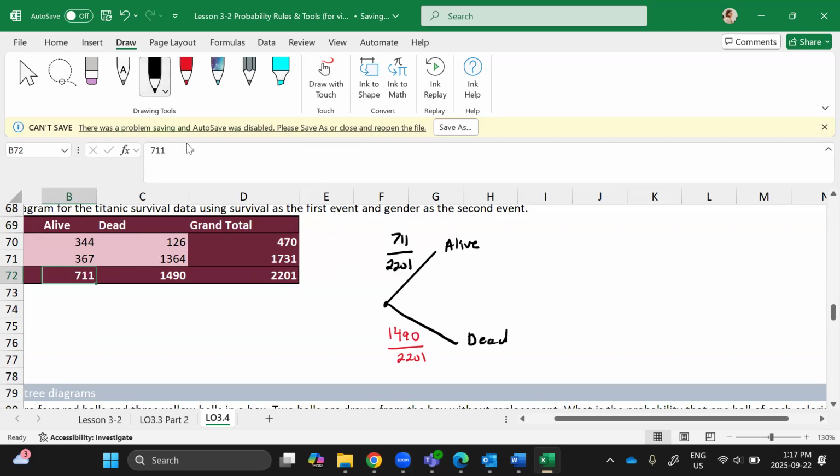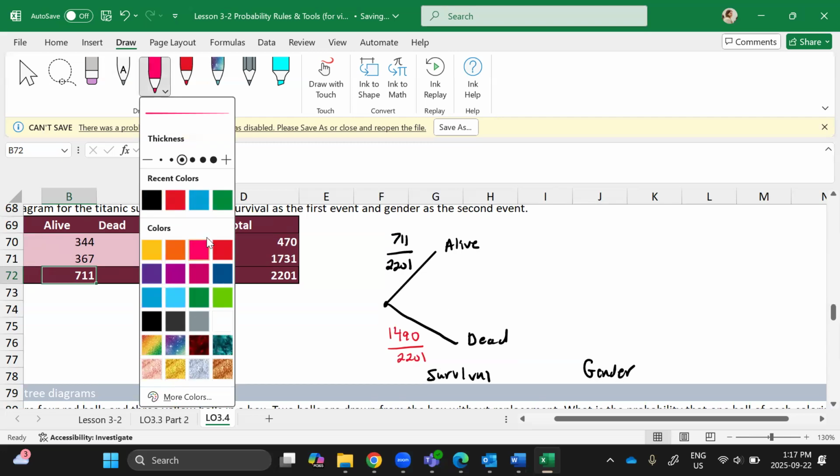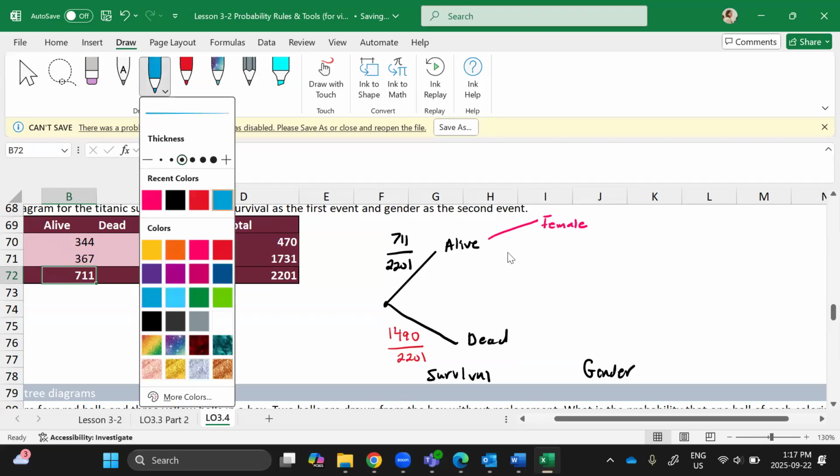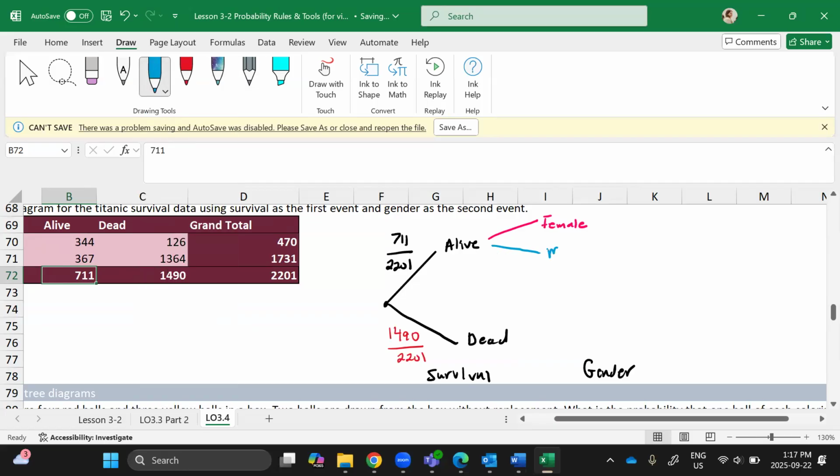And again, the first branch we did was for survival. We're then going to move on to the gender branches. So alive, we'll have two branches out of there for our two genders, female, and then male.